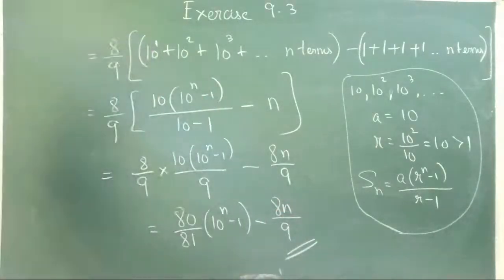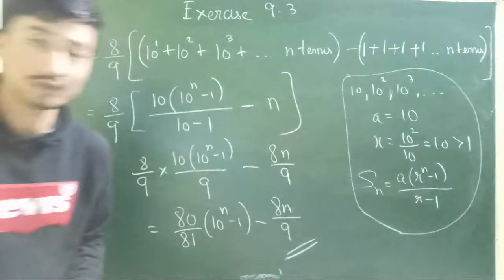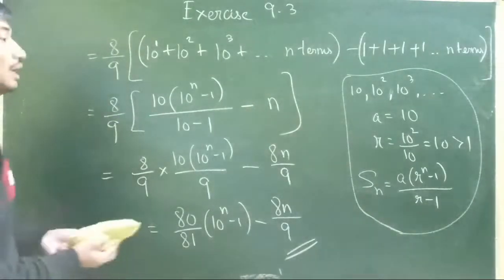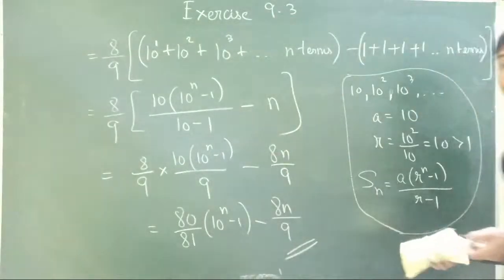So this will be the sum of n terms of the given sequence. As I said, you can try this by changing this value of 8 to 4, 7, any number, 6, 5, and try. You will get the feel. Exactly the same thing happens for this type of question.